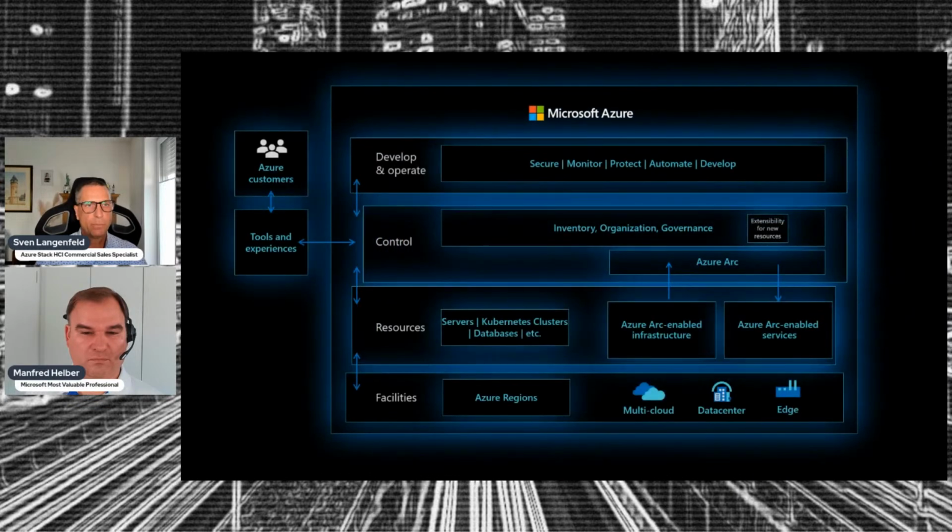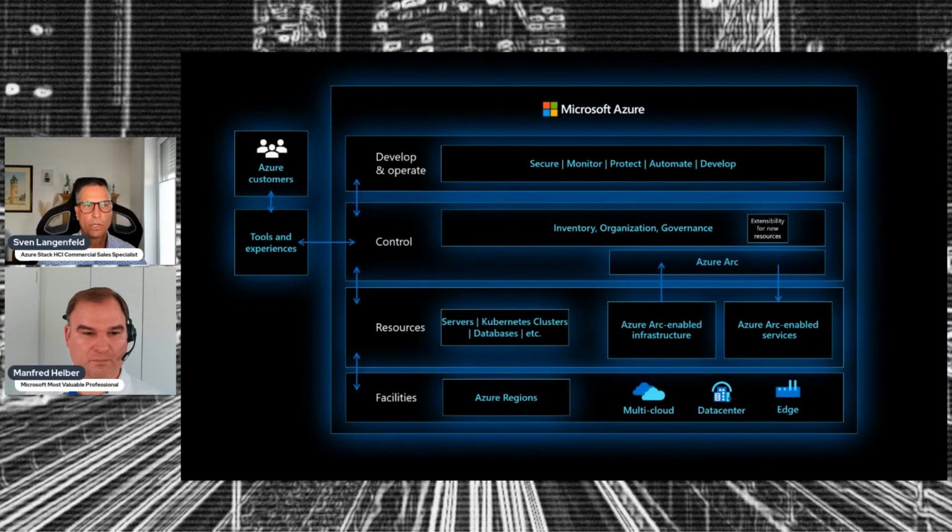On this page, you can see how this works and how Azure Arc brings additional benefits to our Azure customers. You can see on that slide that the customer has the control plane Manfred talked about. So you have one very powerful control plane where you see all your inventory. You can see your organization.